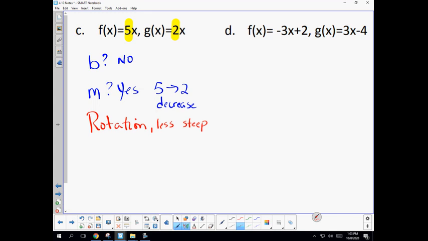Okay? Let's look at D. On letter D, we went from negative 3x plus 2 to g of x, which is 3x minus 4. So let's talk about the transformations that happened here. Did my b change? Yes. It went from 2 to negative 4. So I know that that is a translation down 6 units.